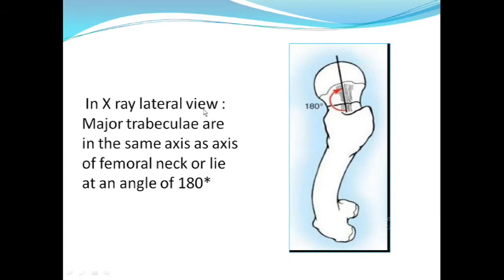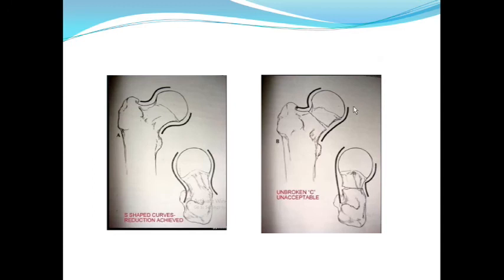Post reduction, we can assess whether our reduction is acceptable or not. In lateral view, you can see this is the central axis and this is the angle. It is almost 180 degrees. Okay, so this is the Garden index. You can view in AP and lateral view. In AP view it must be around 160 degrees, in lateral view it should be near about 180 degrees. And if you are unable to calculate that, you can just see for yourself with the naked eye.